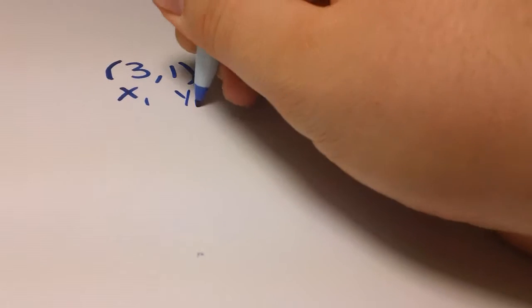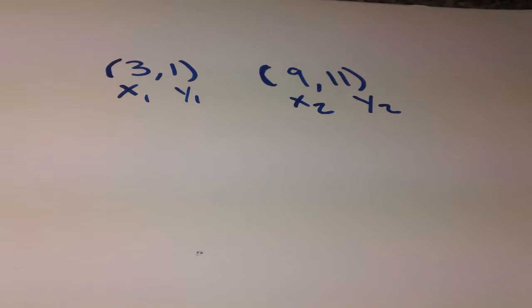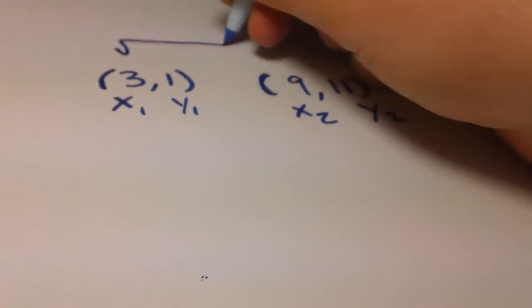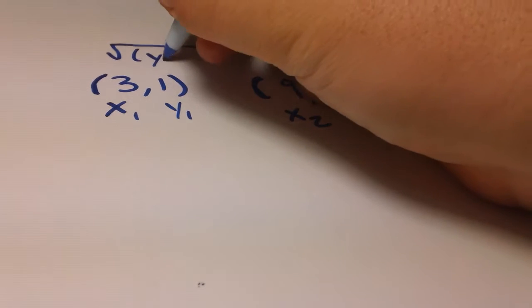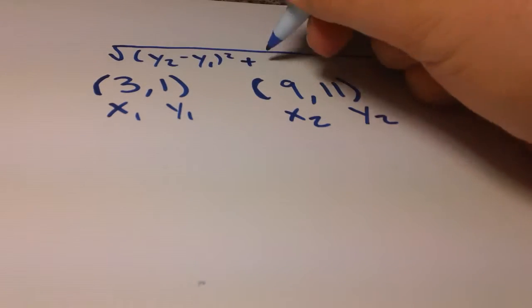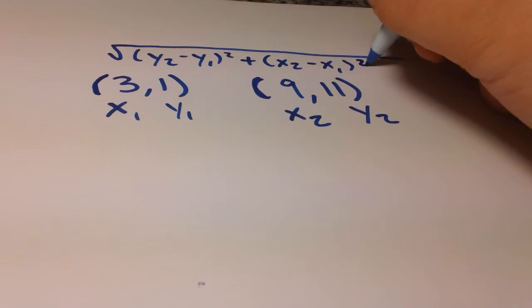First thing you're always going to want to do whenever you have 2 points is label them. x1, y1, x2, y2. So that in our equation, we kind of keep things straight in line. Now I'm going to go ahead and write just above these the distance formula again so we can reference that. And it is the square root of the quantity y2 minus y1 squared plus the quantity x2 minus x1 squared.